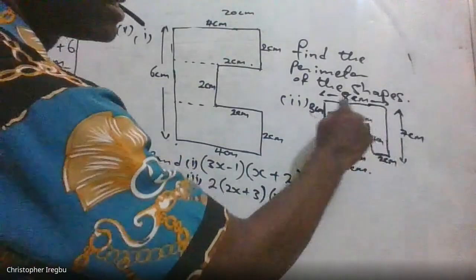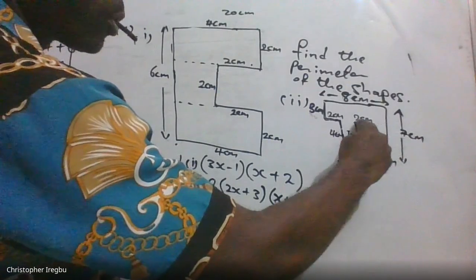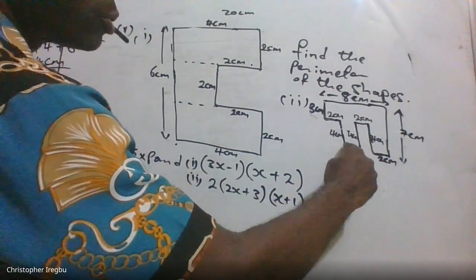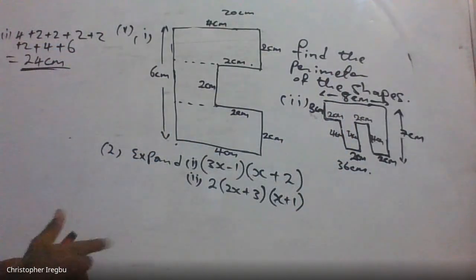So the perimeter is 8 plus 7 plus 2 plus 4 plus 2 plus 4 plus 2 plus 4 plus 2, then plus 3. That should be the perimeter.